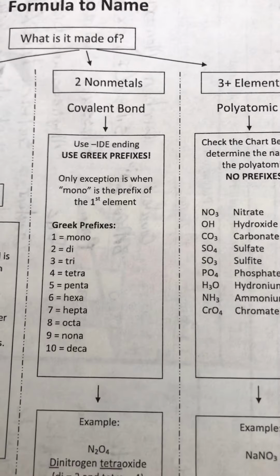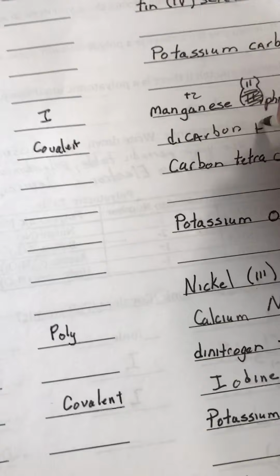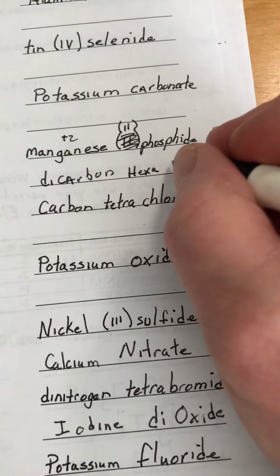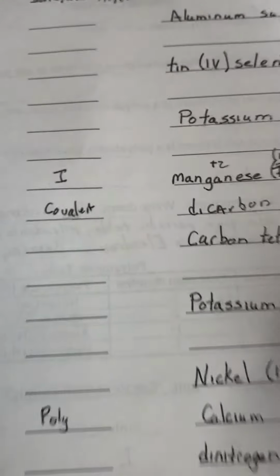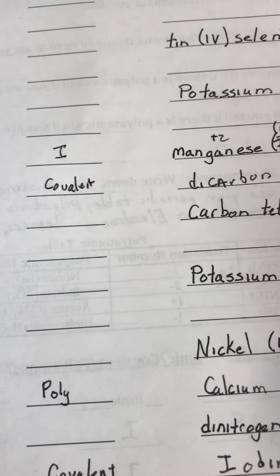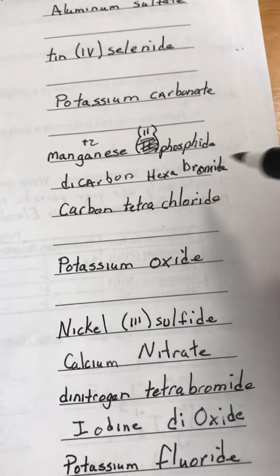So 6, we come over here and we find the prefix for 6, which is hexa. So it's dicarbon hexabromide. Hold on, I'll write it and then I'll show you. So it's dicarbon hexabromide.